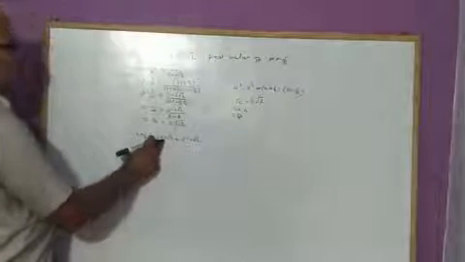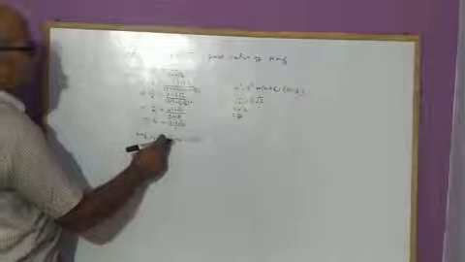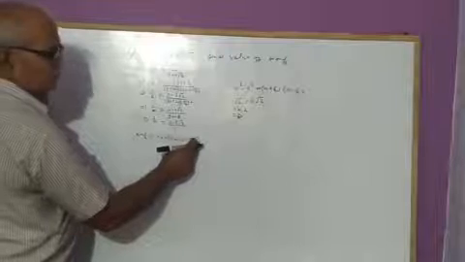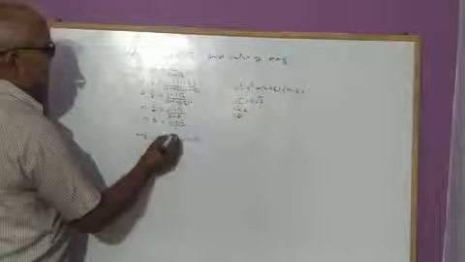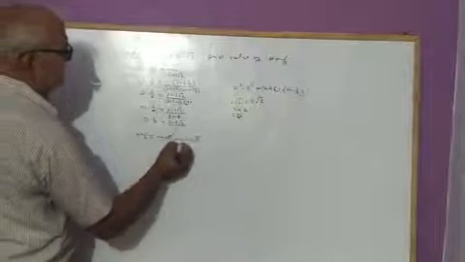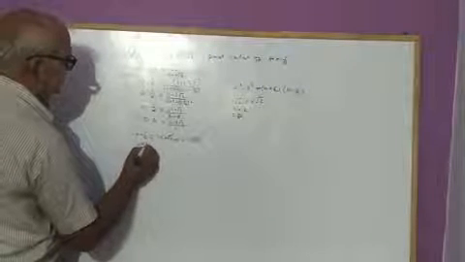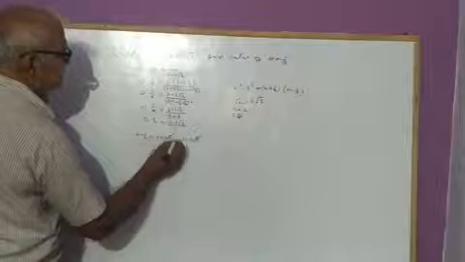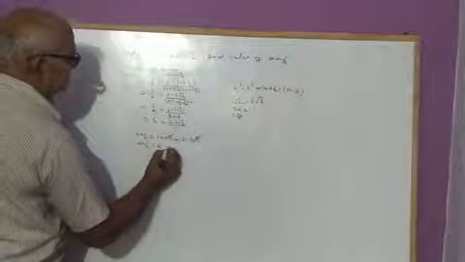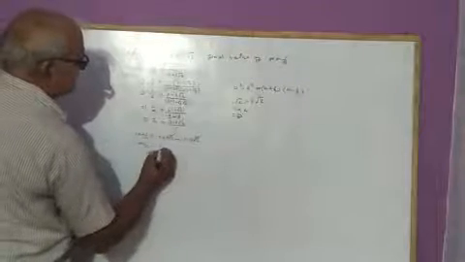So plus 2 root 2 and minus 2 root 2 cancel. Therefore x plus 1 by x is equal to 3 plus 3, which is 6. So this is your answer.